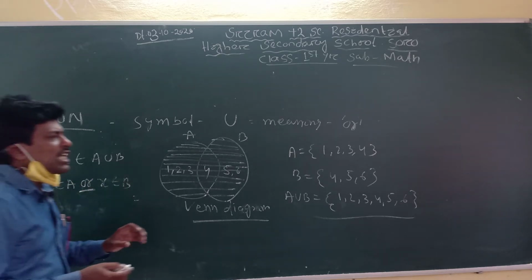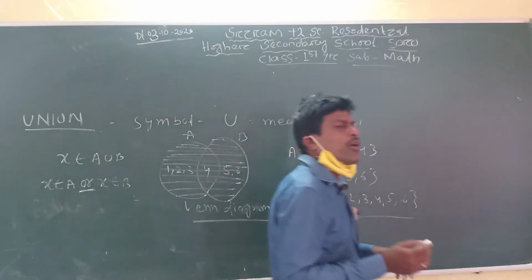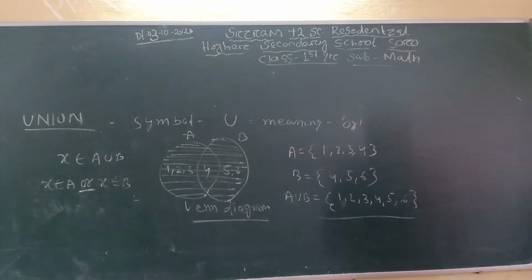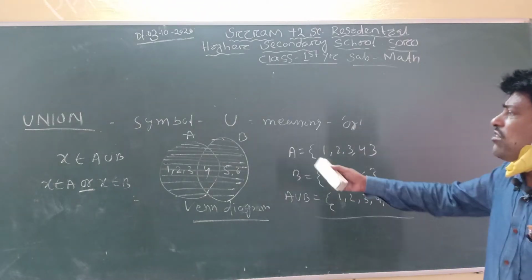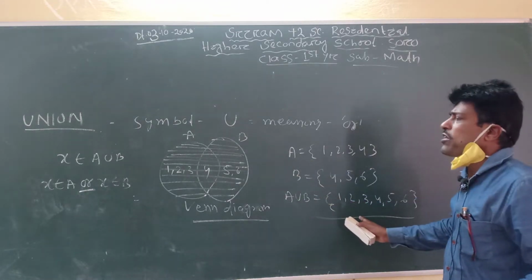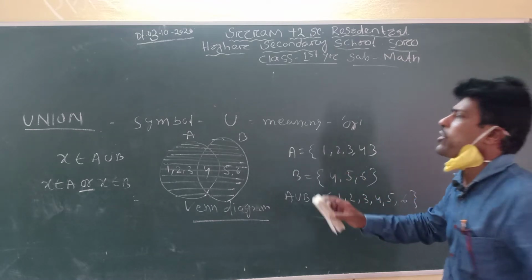Now I am talking about some tricks about union, that is, some properties of union. In Odia, properties are called Gunavali. The first property is in your books: A union A is equal to A. That was the Venn diagram example of union, and now I am going to the properties of union.